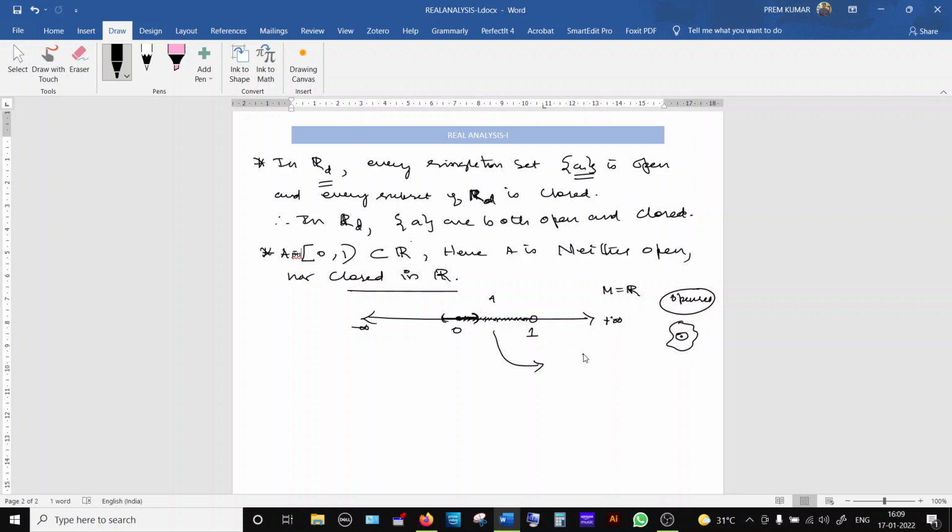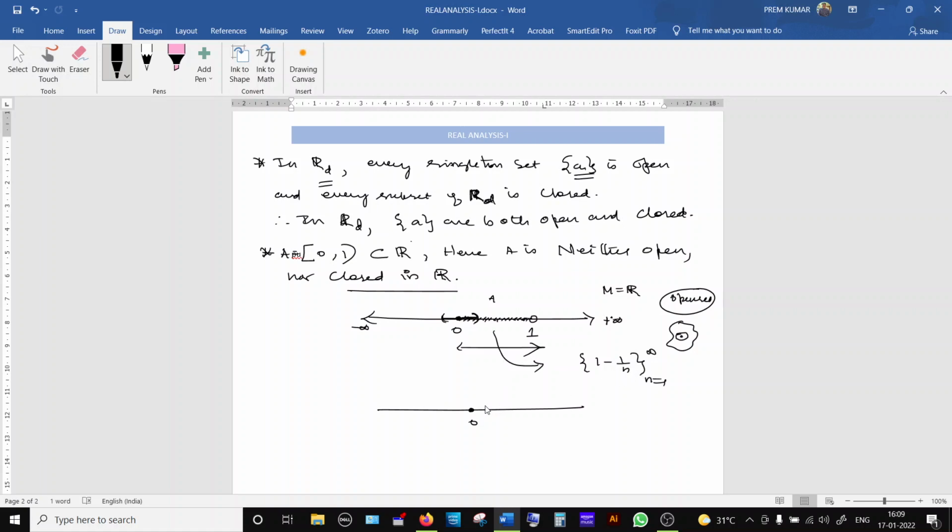So what about the sequence 1 minus 1 by n? Just consider the sequence. What happens with the sequence? I'm considering one sequence inside this set A. What is that sequence?